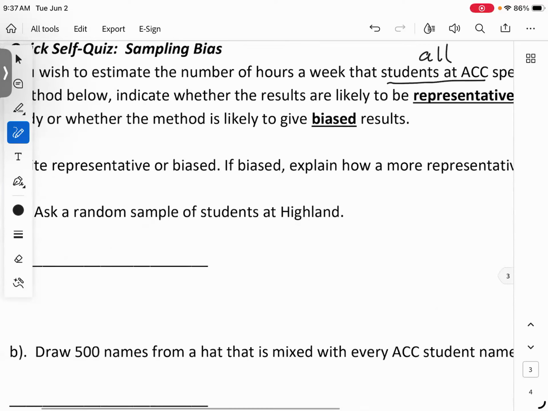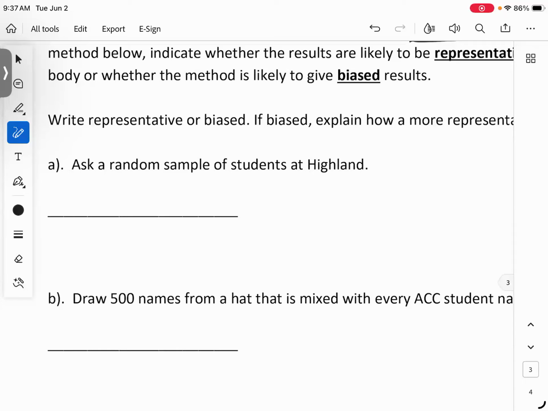Which of these would be biased or unbiased? If we asked a random, this is great, we asked a random sample of students at Highland. Again, pausing for a few moments for you to think about it. It sounds pretty good because they did it randomly, but does Highland represent all of ACC?